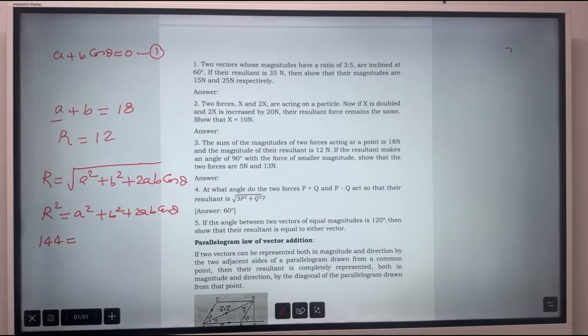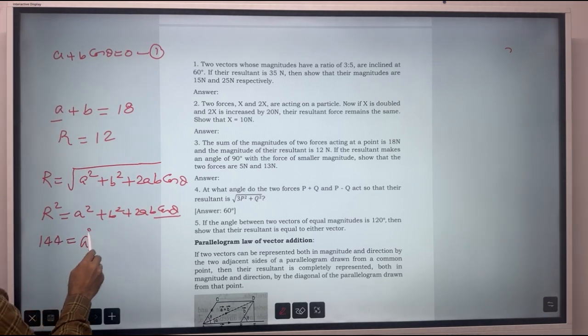Here we can get the value of B cos theta. In place of B cos theta, we can write minus A, because this A will get shifted to the other side and change its sign.